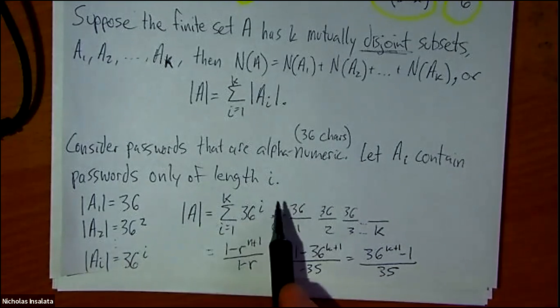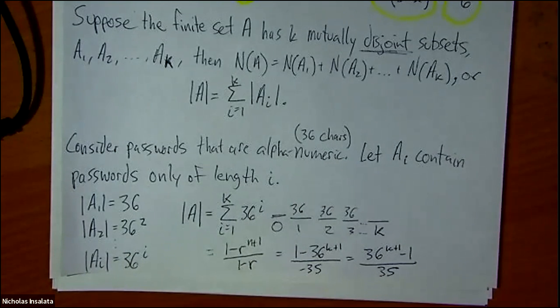Would it be 36 to the 0th power? Yeah, that would add 1. That's saying that there's one password of length 0, which is maybe the empty password, just like not having a password.